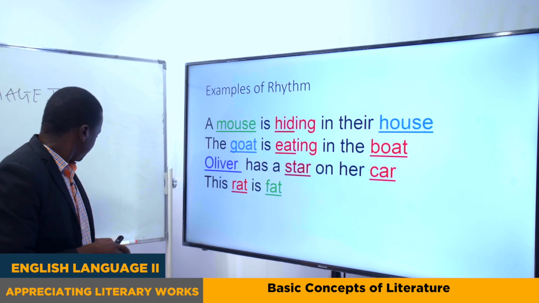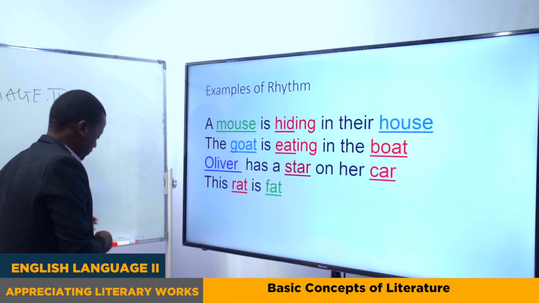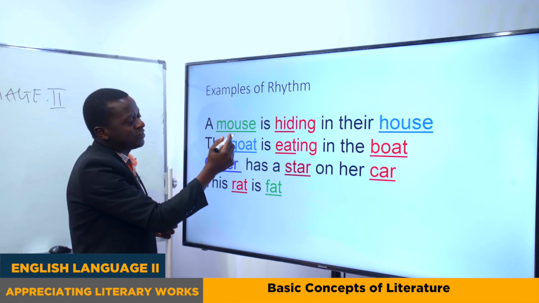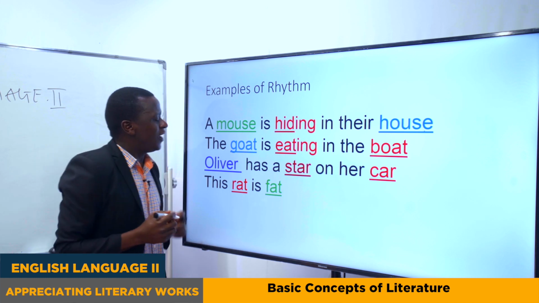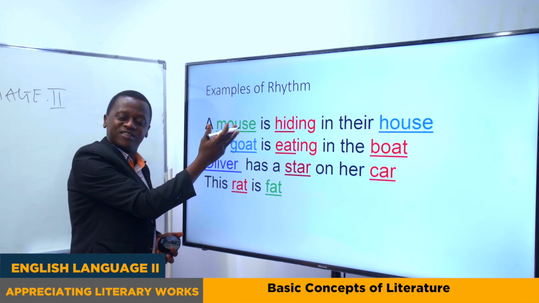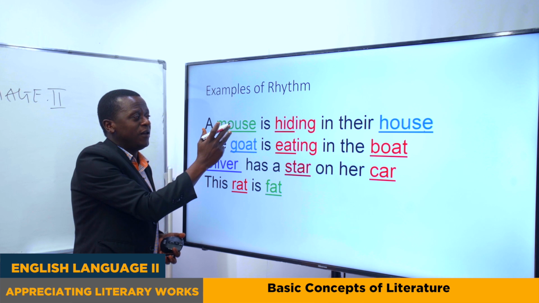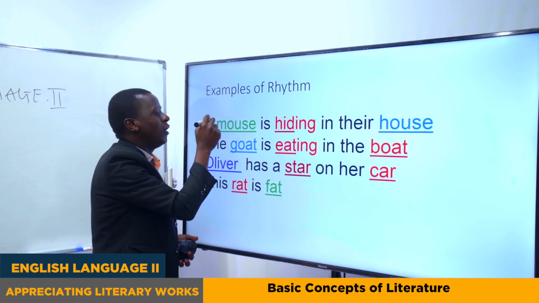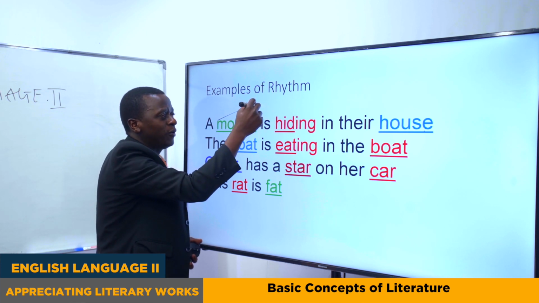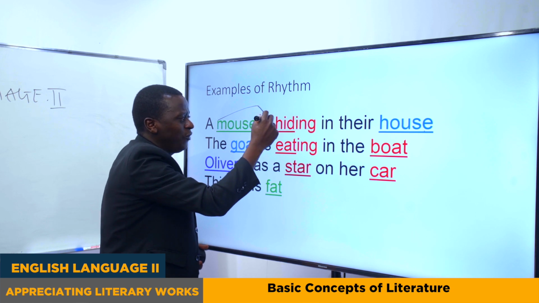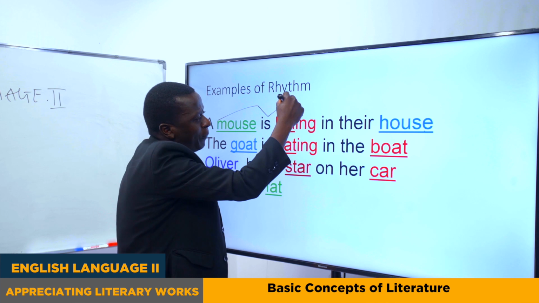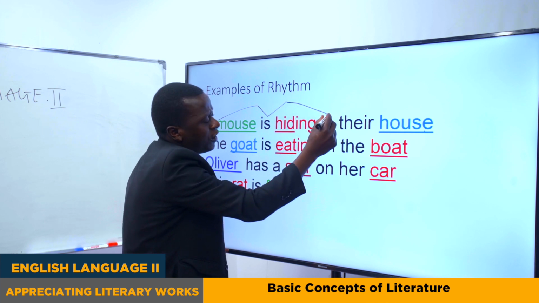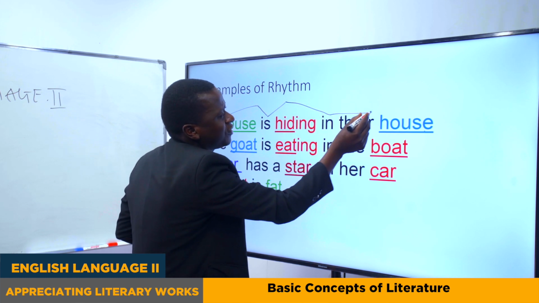Here we come. "A mouse is hiding in their house." Now, with this verse: "a mouse," the voice goes up, then "is" goes down, then "hiding" goes up, then we have a preposition, "in," which goes down, up to "house."